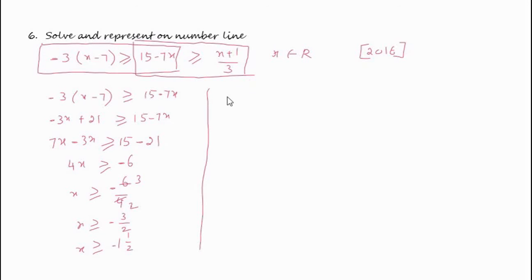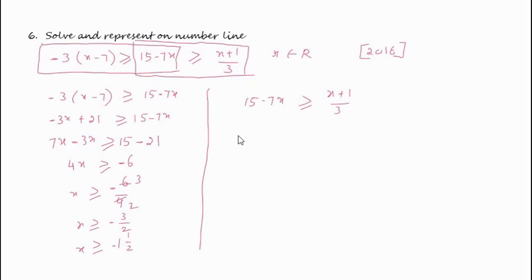Now the other linear inequation. So it is 15 minus 7x greater than or equal to x plus 1 divided by 3. Let us multiply both sides by 3.